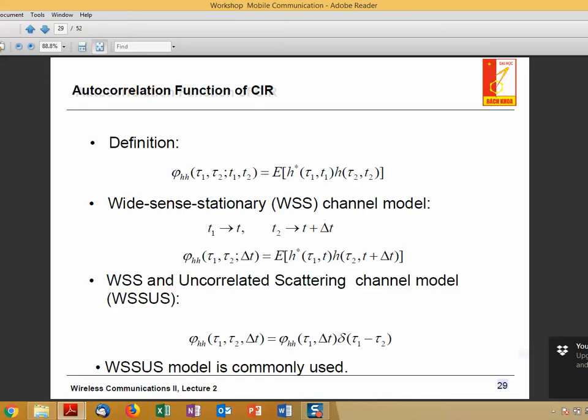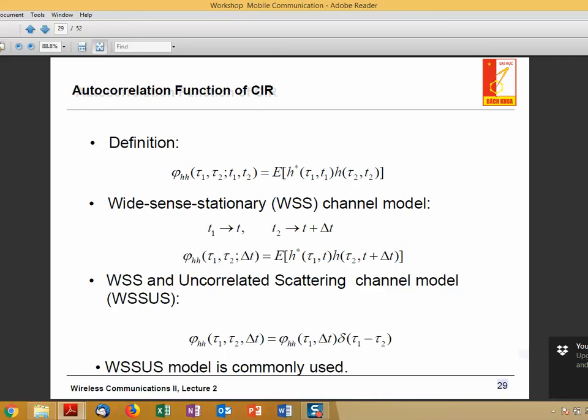So after travel, we get some specific correlation, and we detect this correlation by using the variable.